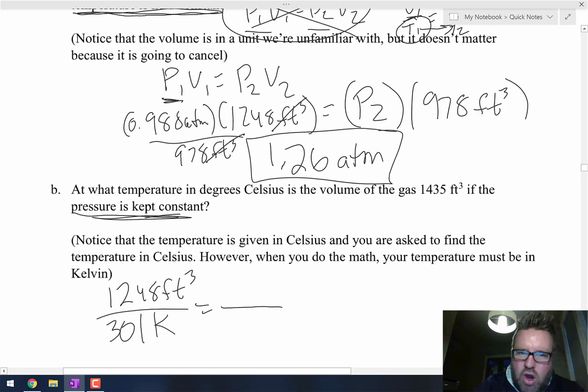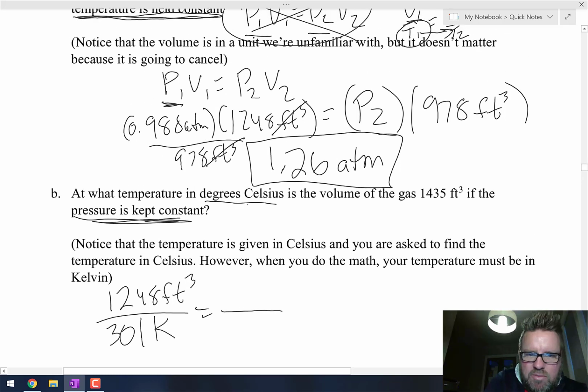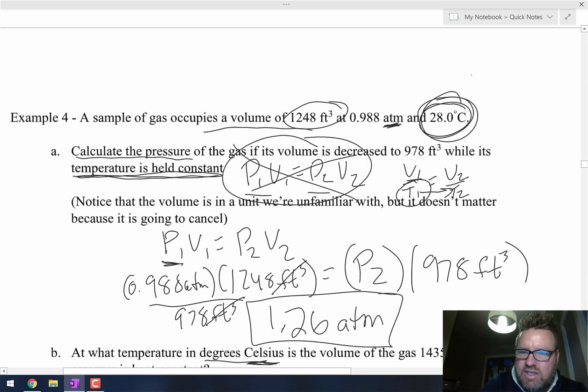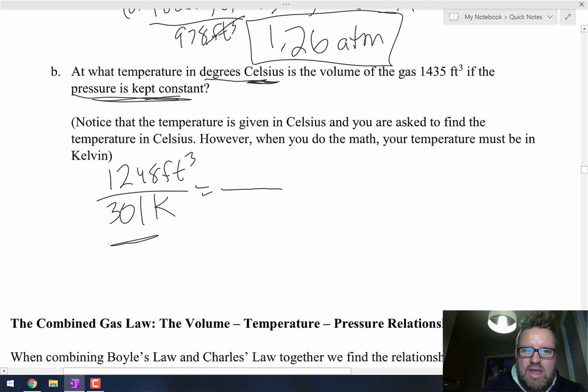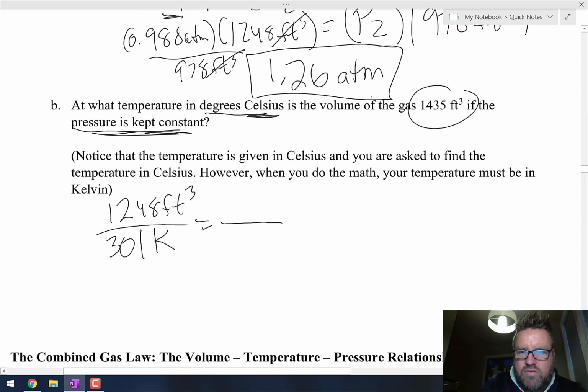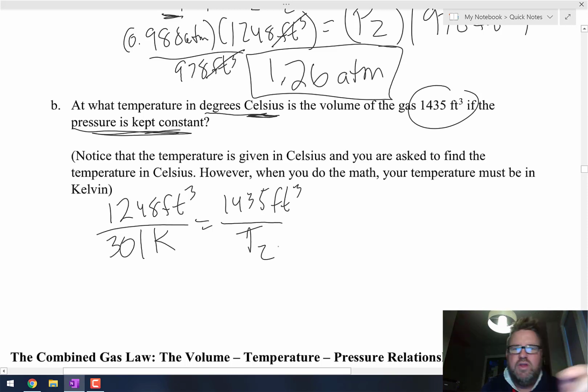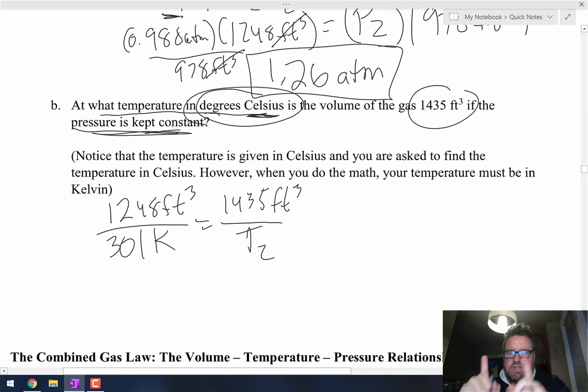Okay, and again, notice that even though they're asking me for the temperature in Celsius, and the temperature up here is in Celsius, when I put it into Charles' law, it must be in Kelvin like I did here. Okay, and then our final volume is 1435 cubic feet, and then the final temperature is our unknown. So at what temperature, and again, remember they want it in Celsius, so when we get done, we're going to have to convert it back to Celsius.